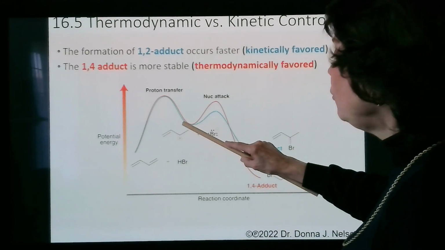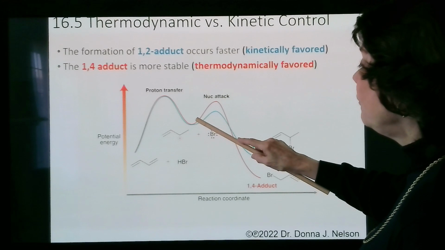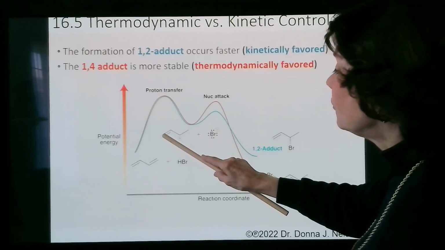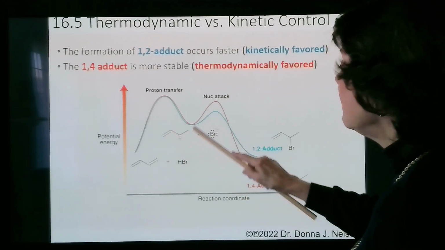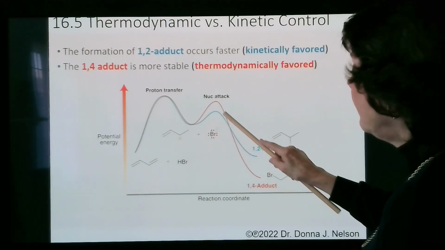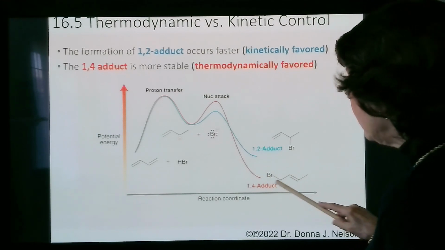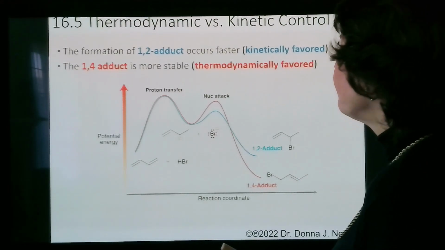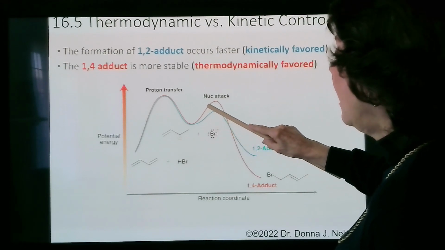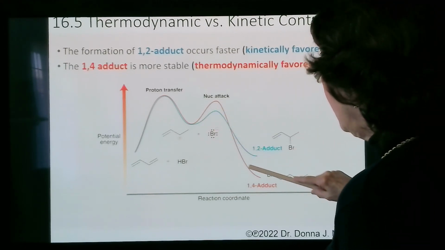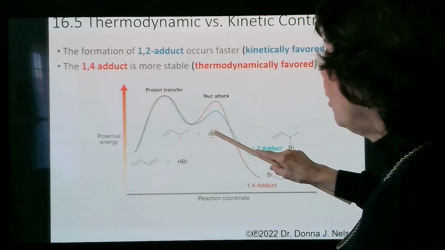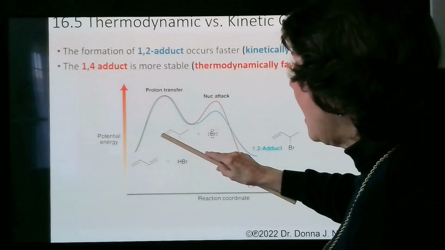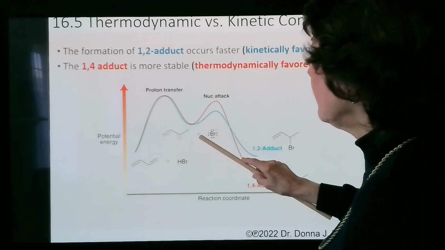And so you can see that the nucleophilic attack at the terminus of this carbocation, the nucleophilic attack leads to the 1,4 adduct, which is more stable because this is a more highly substituted double bond, and this is a higher energy pathway because the bromide is going to have to migrate down to here and attack at this other end.